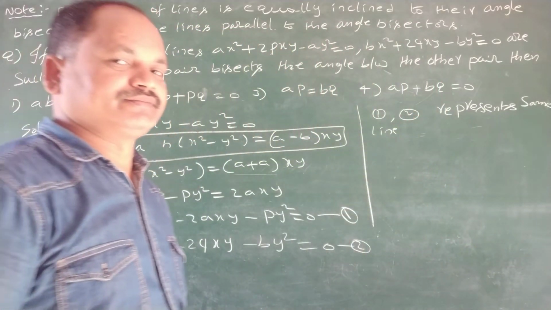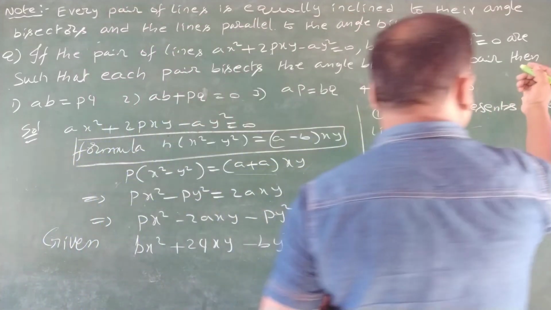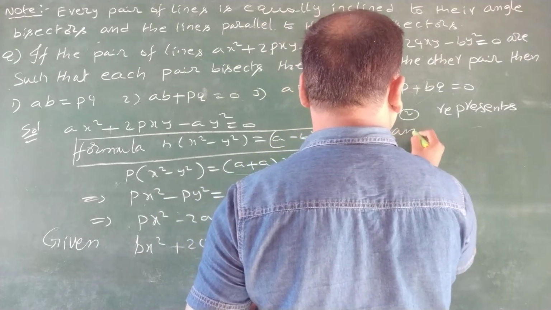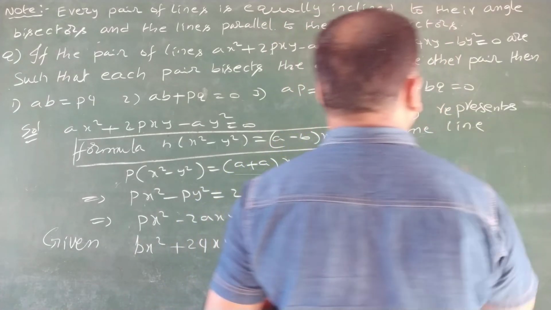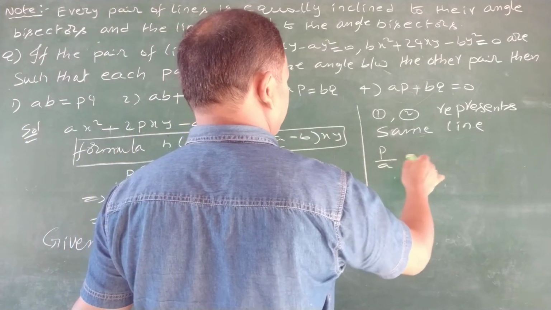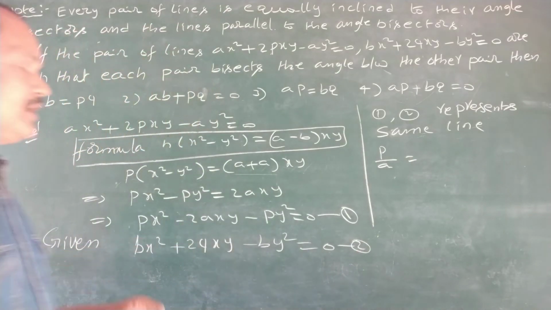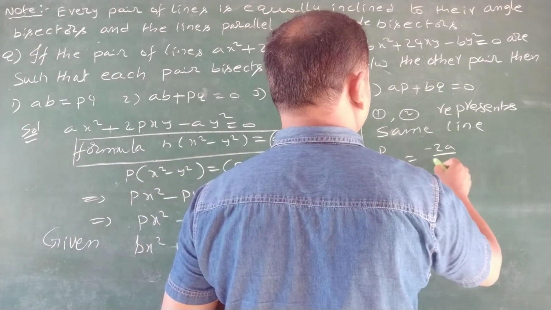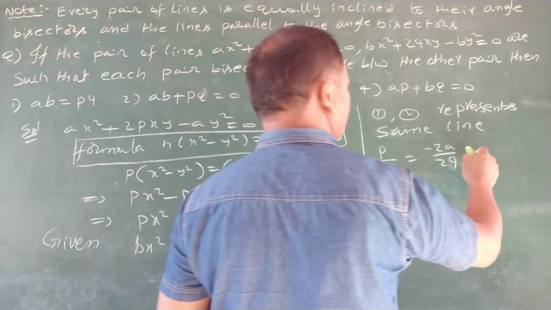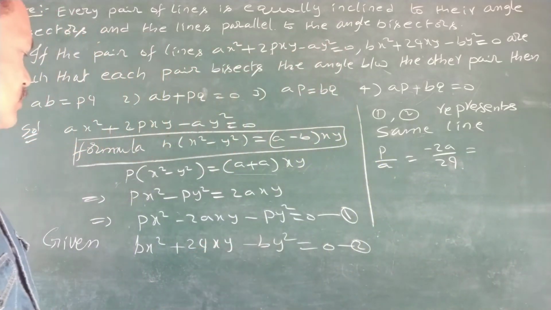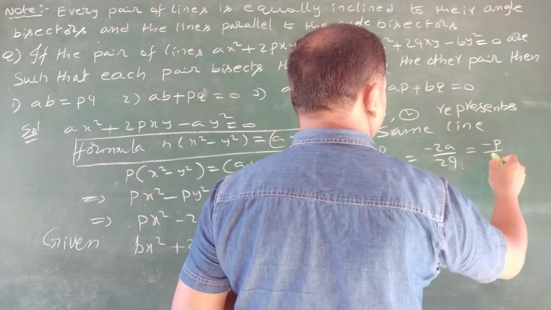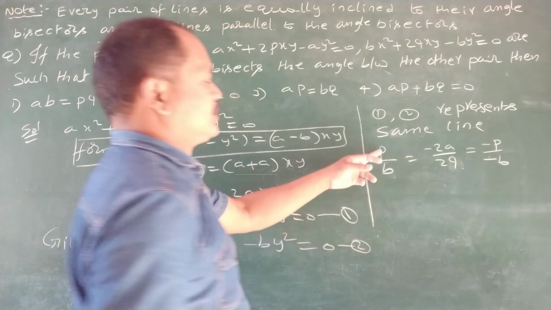Now comparing them, since 1 and 2 represent the same line, we get p by b is equal to minus 2a by 2q, which is equal to minus of p by minus b, that is p by b.